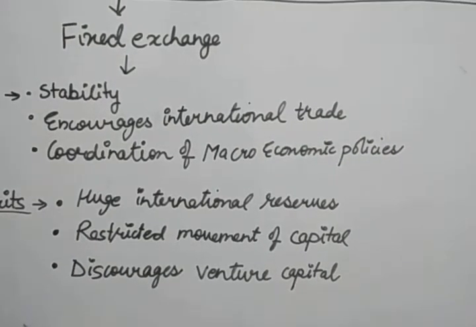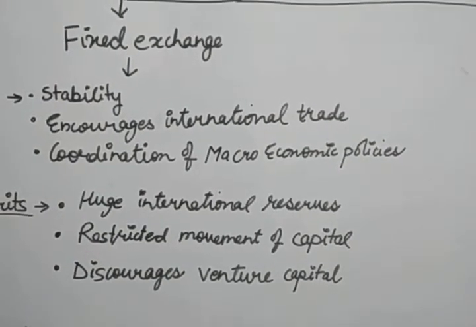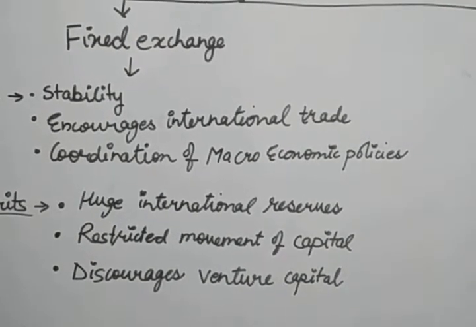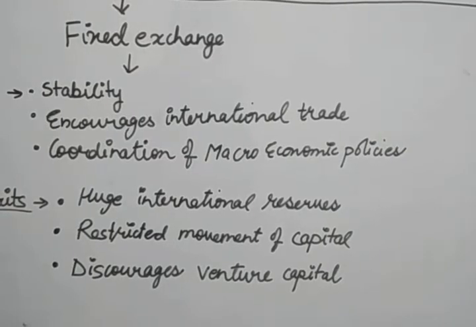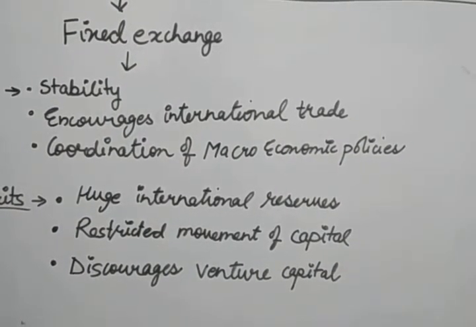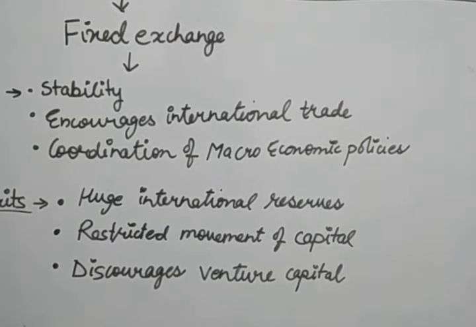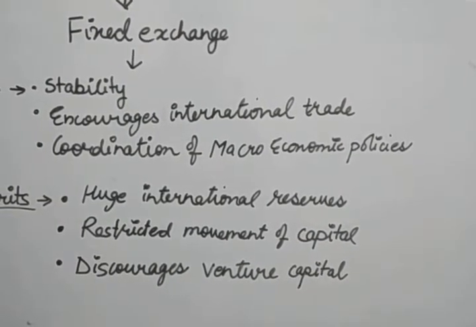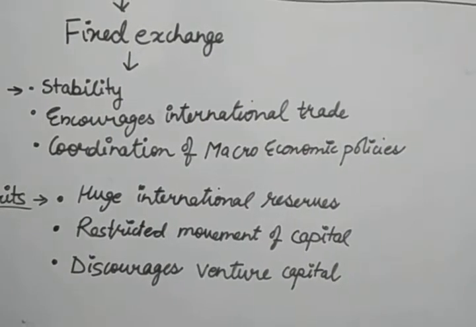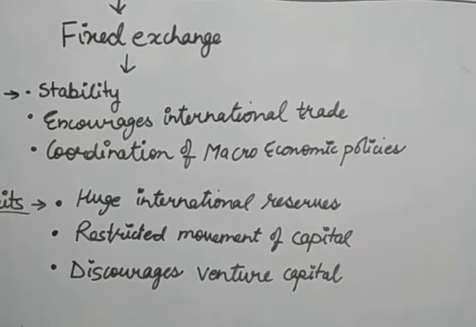It means in the international money market, it discourages venture capital, and the international money market is restricted largely to international payments of exports and imports. The reason is that the fixed exchange rate imparts rigidity to the allocation of reserves, particularly in the area of international trade.